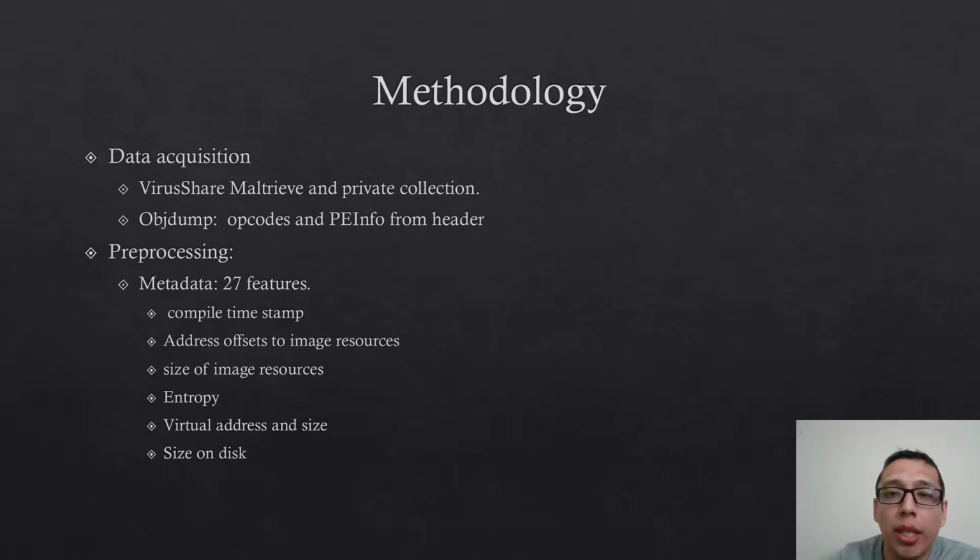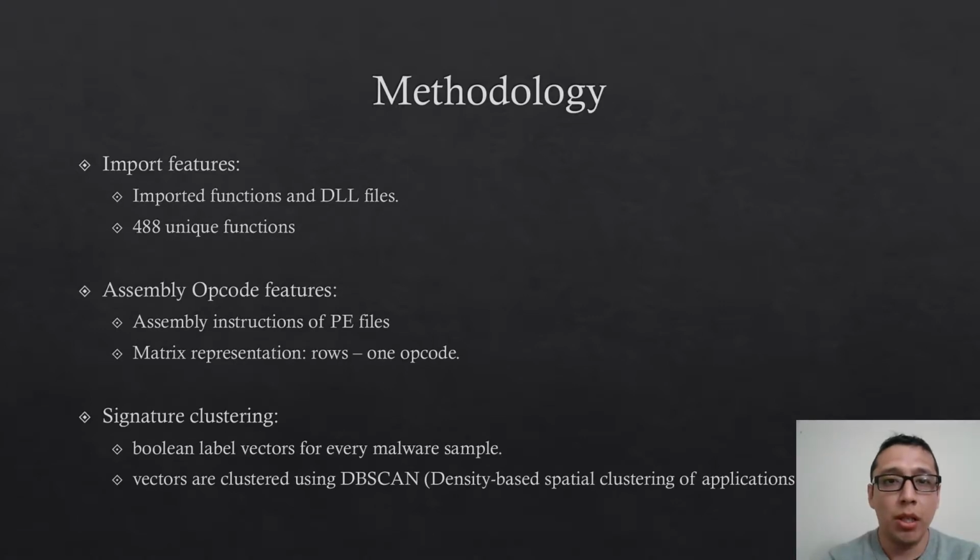The metadata has 27 features, which consist of compile time, address offset to image resources, sizes, virtual addresses, and more. Import features consist of imported functions and their DLL files.